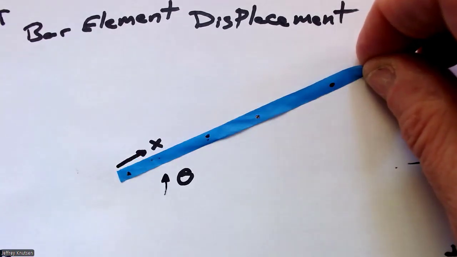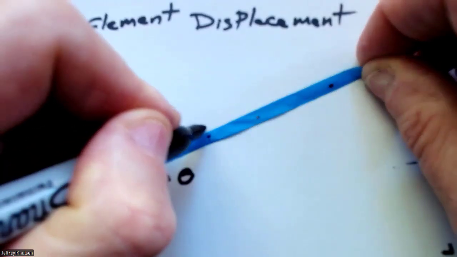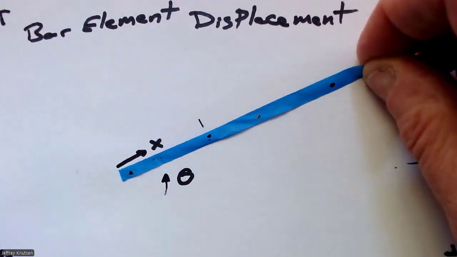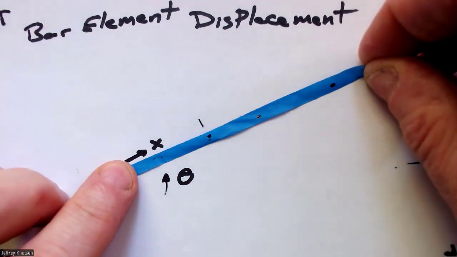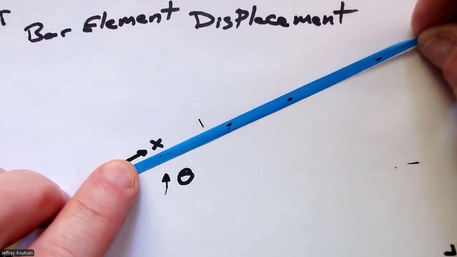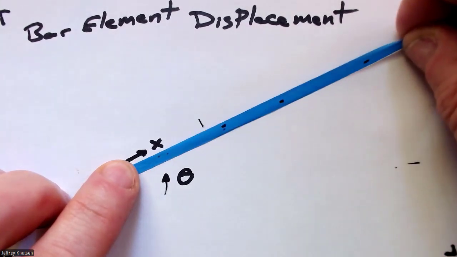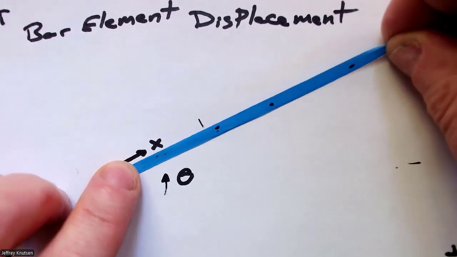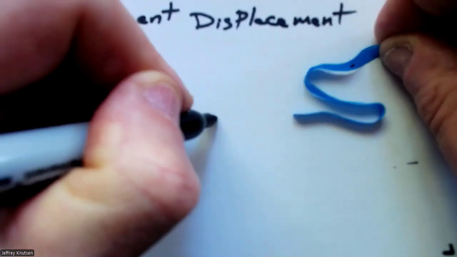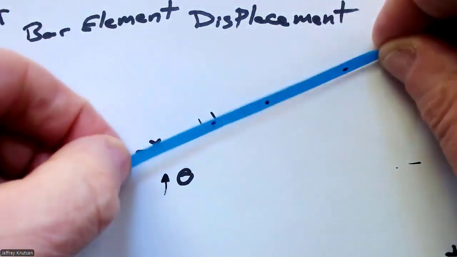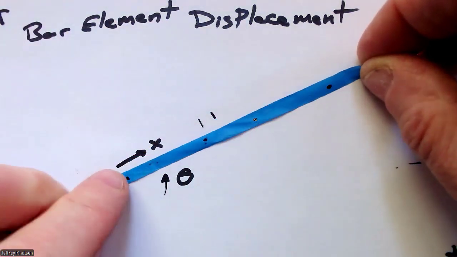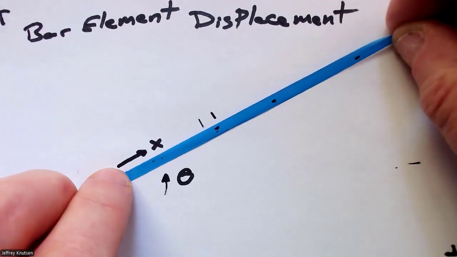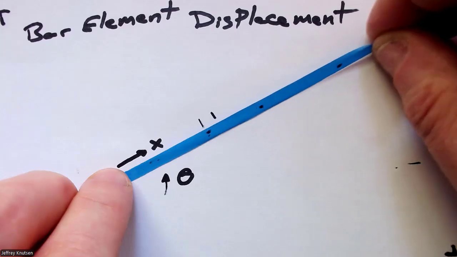In fact, I don't know if I can do this very accurately, but here's the original location for that position on the bar element. And I'm going to displace my fingers about that much. And we'll just look at the displacement after I've stretched it. If I can simply draw it here, maybe it would be displaced at that location. So if I try to reposition my bar element, take a look at this. That's kind of the displacement at that location of the bar.